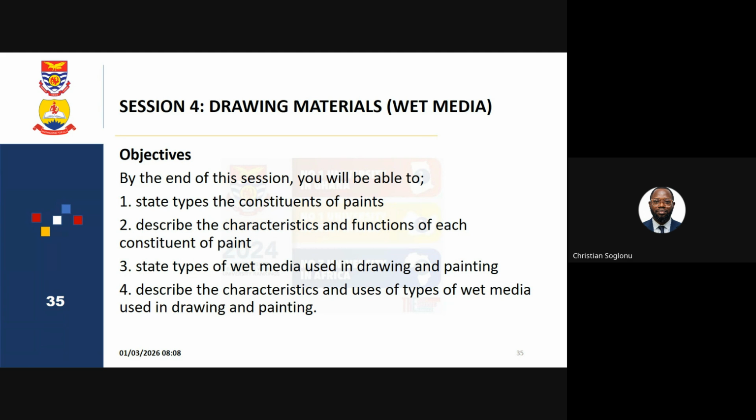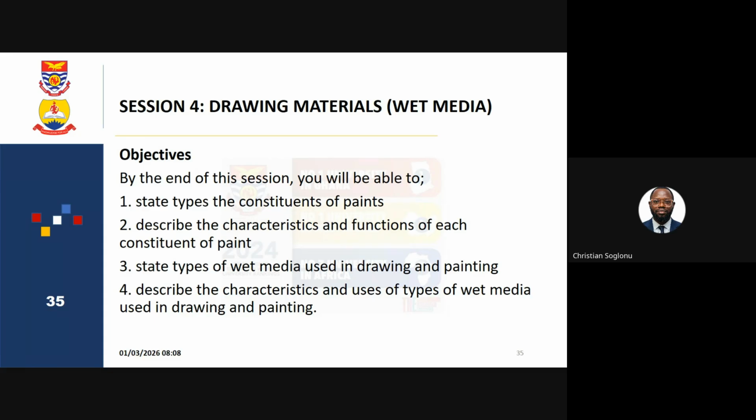So move on to drawing media, which is drawing material, which is wet media. And they say that by the end of the lesson, we'll be able to state the types of constituents of paint.